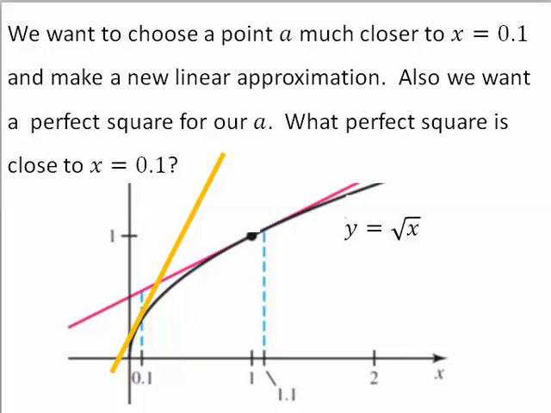You might remember we choose a perfect square. We choose something we actually know. So what perfect square is close to 0.1? Of course, 0 is, but we can do better than that.